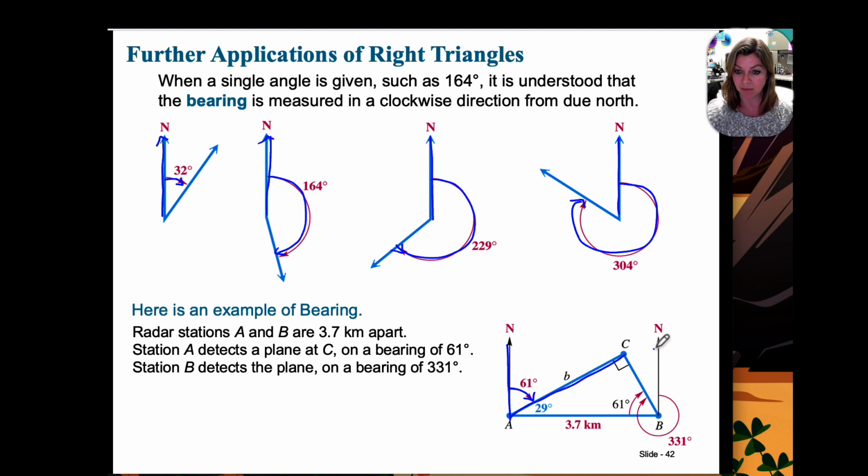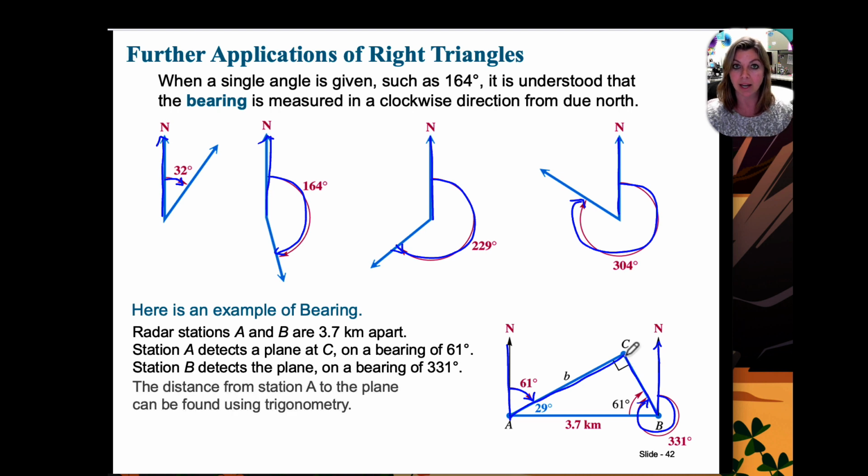Station B, same thing, due north, but they set a bearing of 331 degrees. And we don't want any confusion here, so we head in the clockwise direction always for bearing. And this terminal side intercepts the terminal side from station A, and we can identify the location of that plane knowing the bearings from station A and station B using trigonometry.